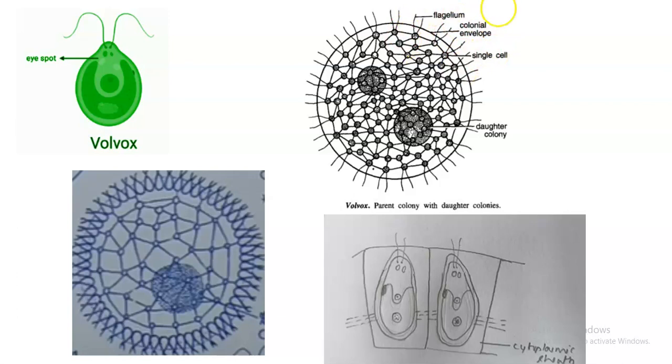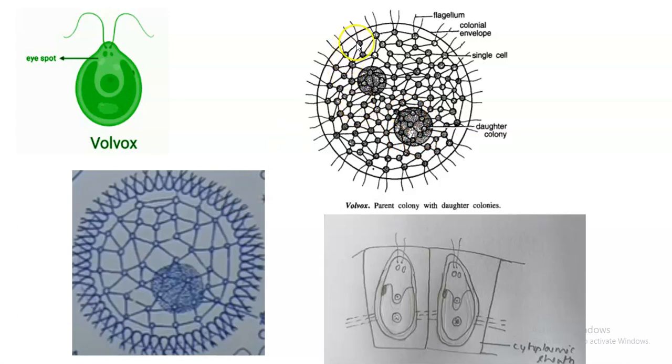In that mucilage you will see this small darkened part within the hollow sphere. Those are the daughter cells of this colony. We'll study everything about it, one by one.